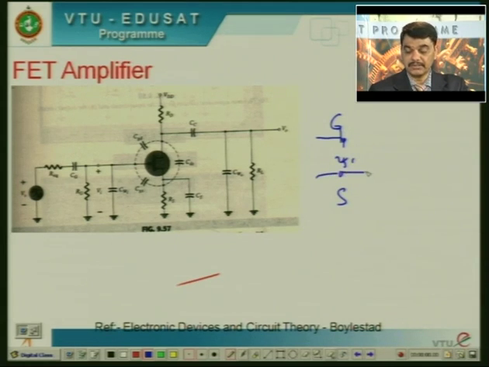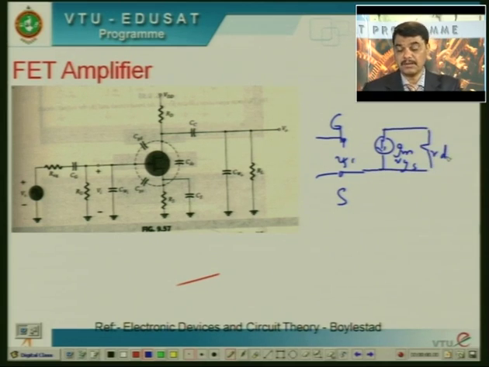At the output circuit, there is a current source, given by gm times VGS, in parallel with a resistance RD. This is the small signal model of a transistor amplifier.